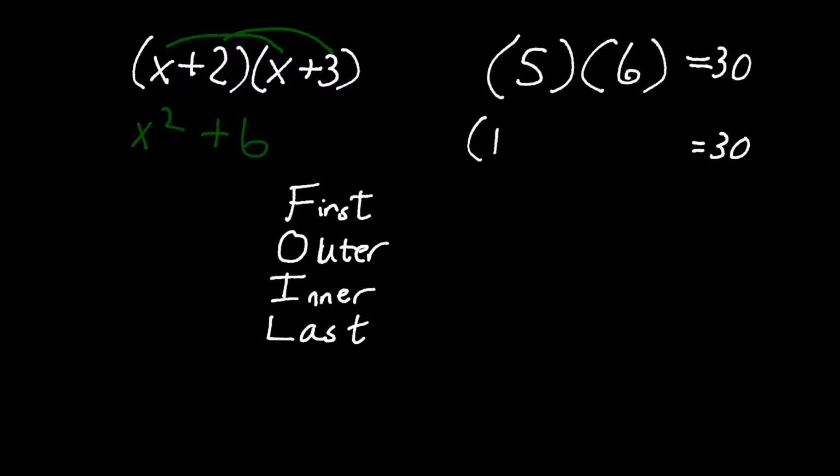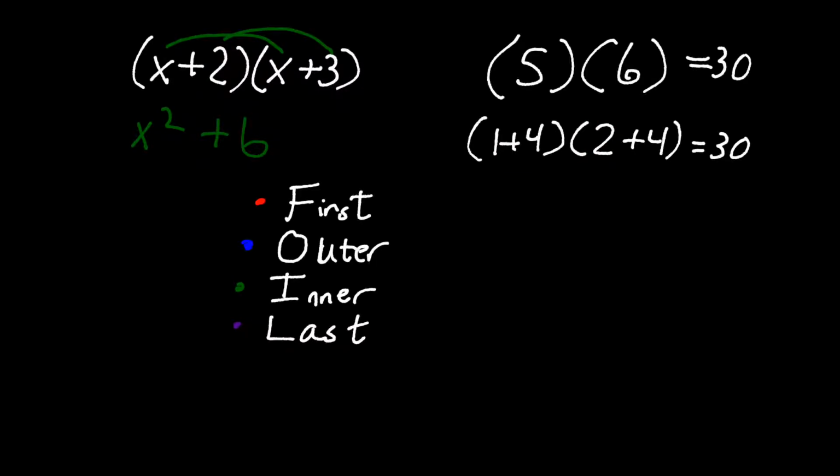So I had 1 plus 4 times 2 plus 4. And let's do some color coding here. First is going to be red, outer is going to be blue, inner is going to be green, and let's make last be purple.